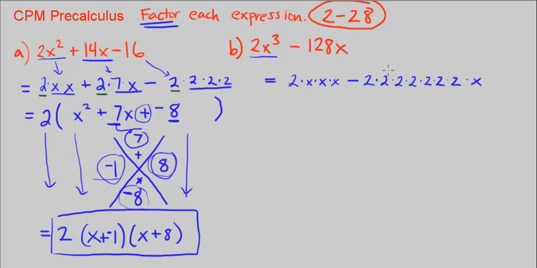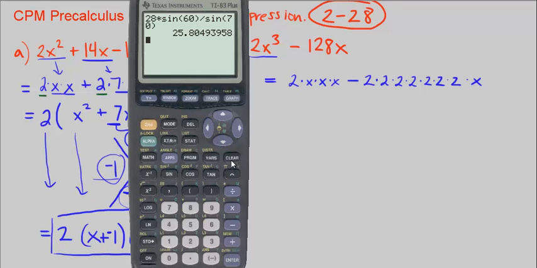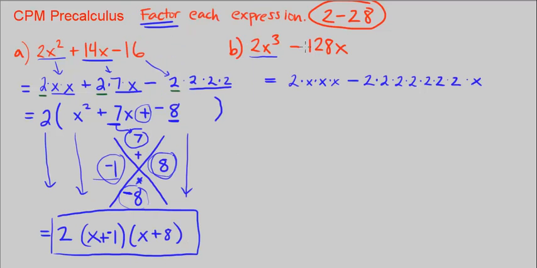You can check this: how many 2's is that? 1, 2, 3, 4, 5, 6, 7. On my calculator, 2 to the power of 7 gives 128, so that is correct. I'm basically finding all the factors of 128.